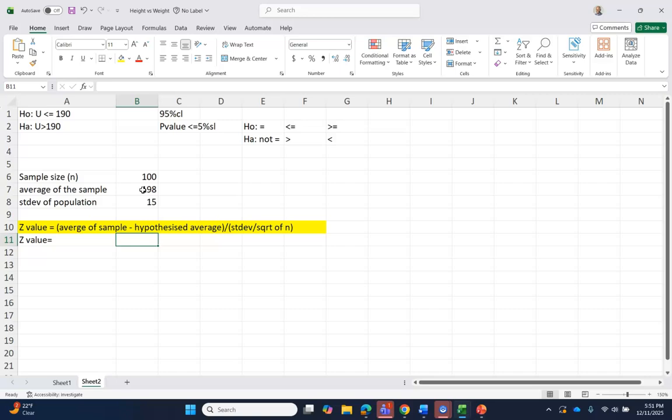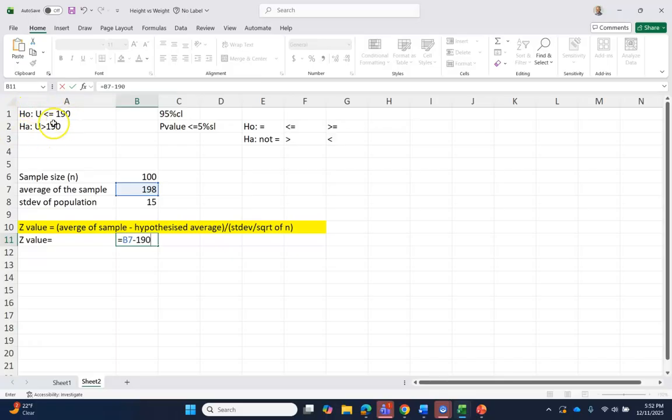For you, you have 10. So I'm going to take this one. So I'm going to put equal sign so that I can use Excel function. Take 198, the average of the sample minus the hypothesized average, which is 190. So I'm going to put 190 here.